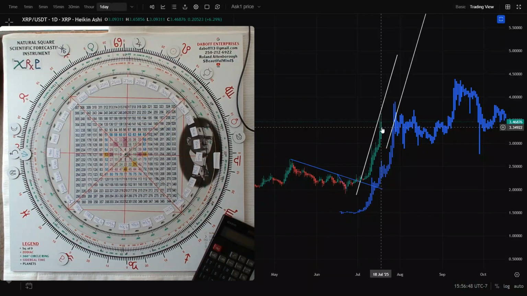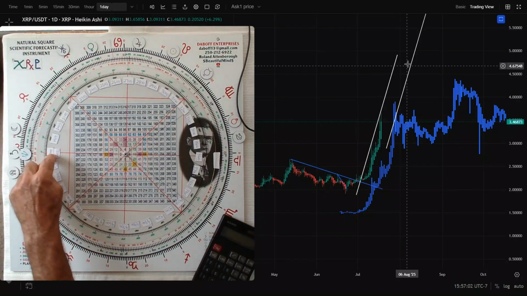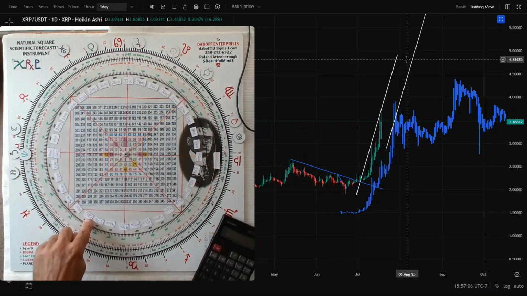So if we jump above this and get into new territory and we close here, then we are majorly going up, and we will be going up to 540. That'll be our next major target, other than 480, where Pluto is sitting.